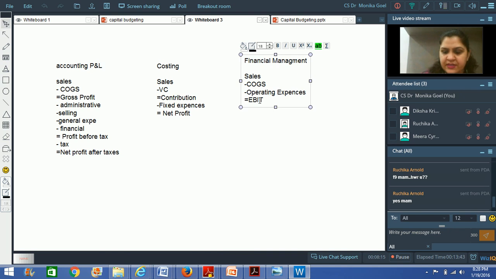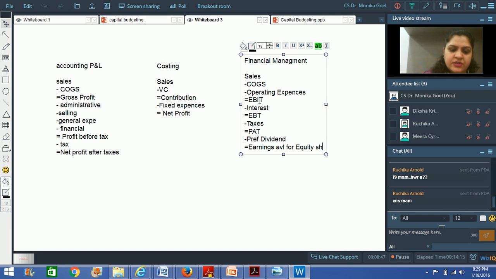These are called operating expenses here. That gives you earnings before interest and taxes. From this you reduce interest, then you get earnings before taxes. From this you reduce taxes, and what you get is profit after taxes. From this you reduce preference dividend, and then you get earnings available for equity shareholders, right?